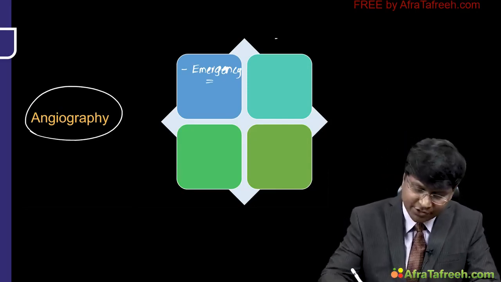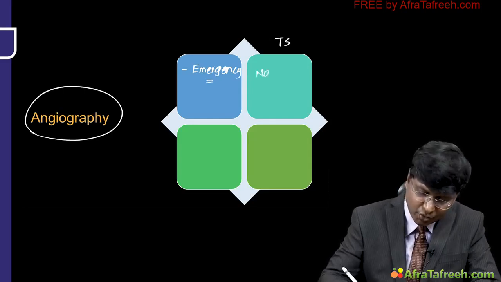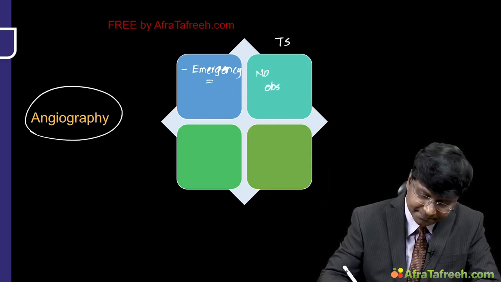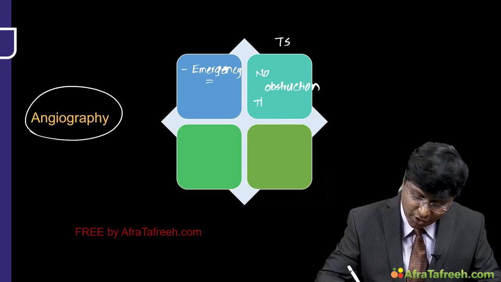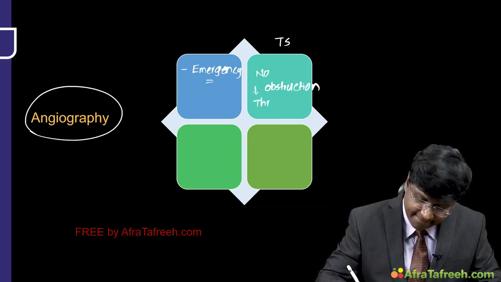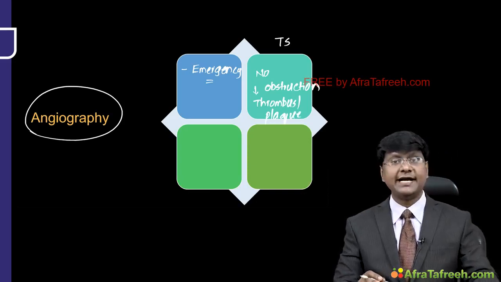And in case of Takotsubo cardiomyopathy, there is no obstruction within the coronaries, there is no thrombus, and there is no plaque. So that is what you will see within the angiography.